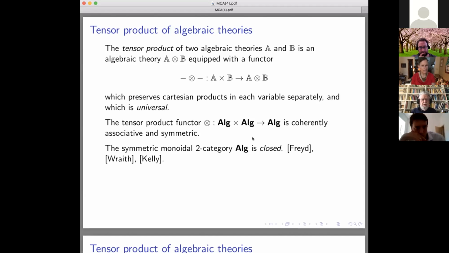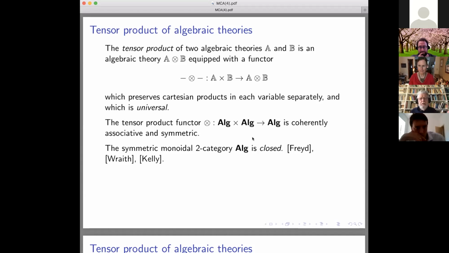And then you check that the symmetric monoidal 2-category is actually closed. I think this is a result which has been known for quite some time. I didn't have the time to check the literature because for many years, people would always restrict to unisorted algebraic theories, the way Lawvere defined them, and here we consider general algebraic theories. But certainly Kelly, in his book, has very general observations about tensoring categories with products or finite limits, and so on.